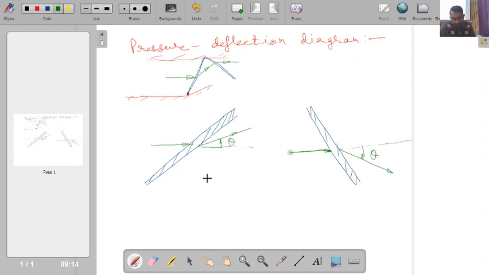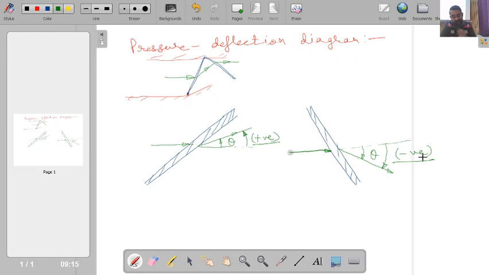Another important point is that in the first case, the deflection angle is oriented in the counterclockwise direction, so I can say this deflection angle is in the positive direction. Here, this deflection angle is in the clockwise direction, and I can say it is the negative deflection. Is this point clear? In one case we have positive deflection, in the other negative deflection.